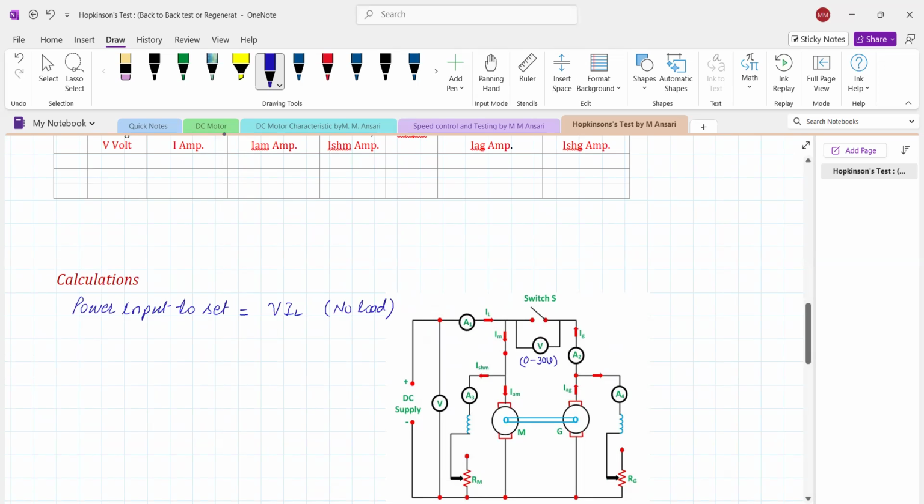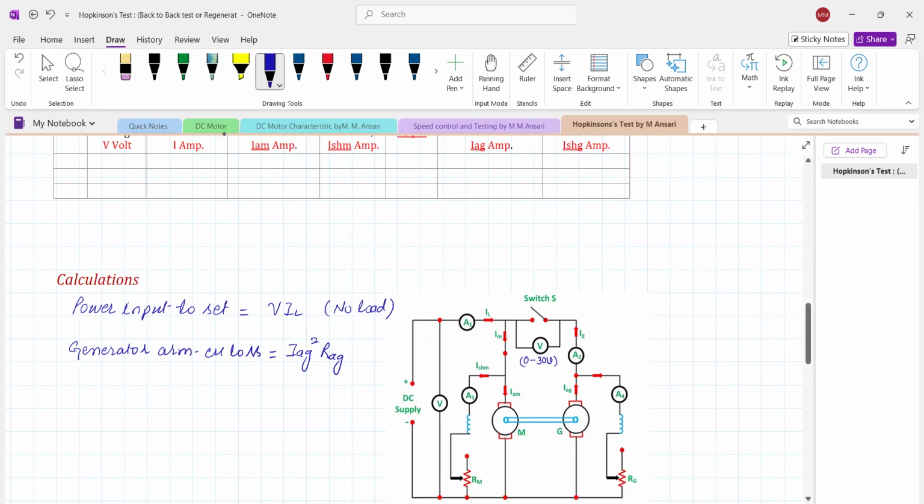Now, generator armature Cu loss is equal to generator current IAG square into RAG, where RAG is the generator armature resistance.